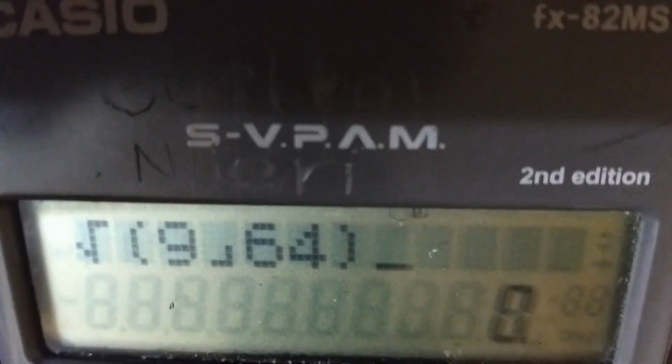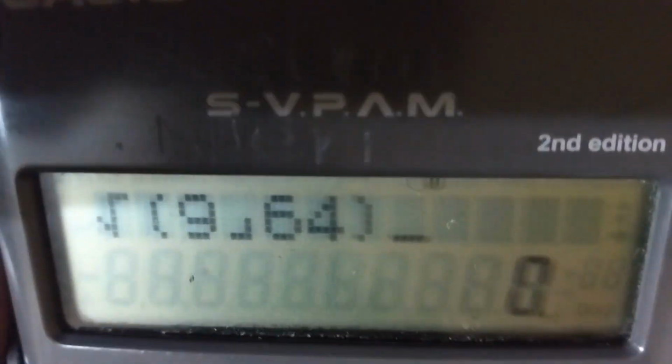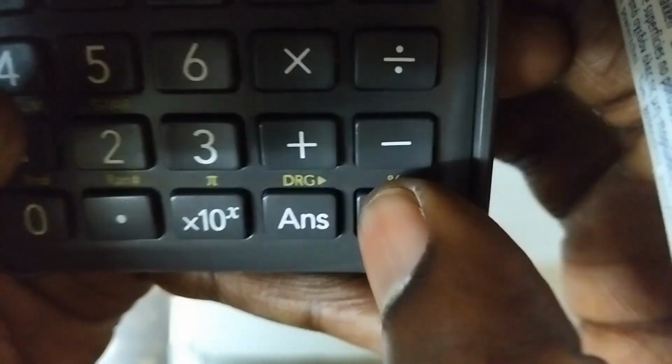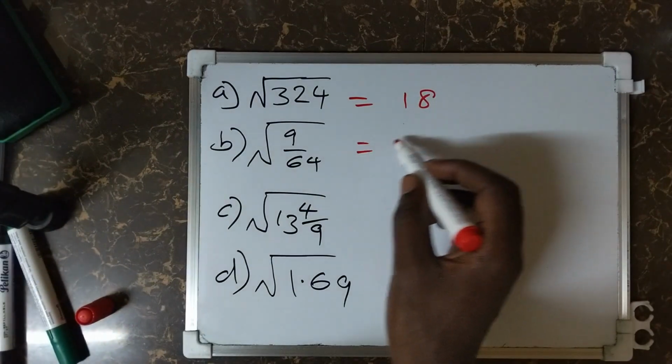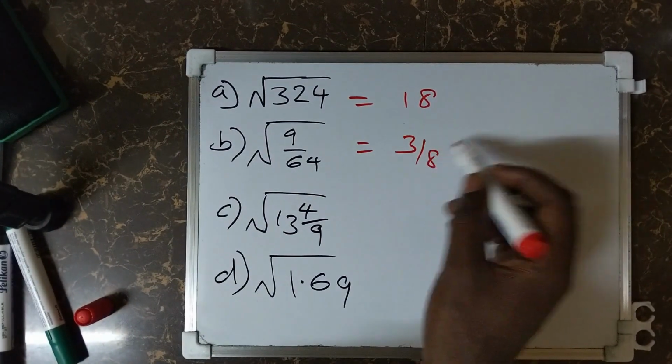So that's the square root of 9 over 64. Let's press the equal sign to see the answer. The answer is 3 over 8.